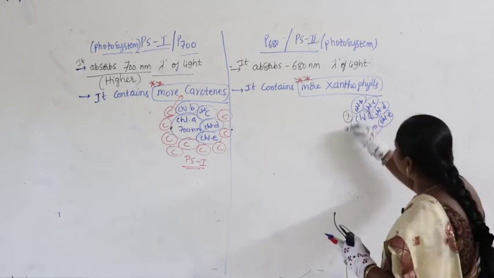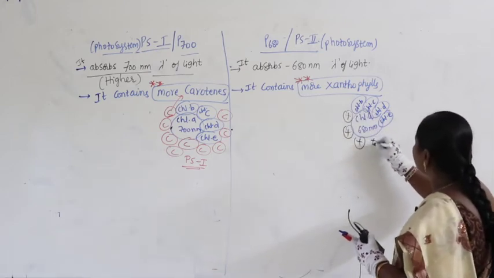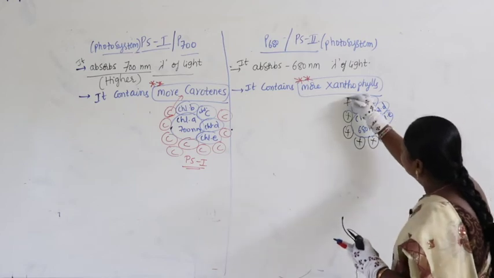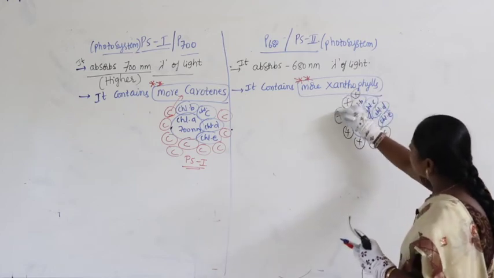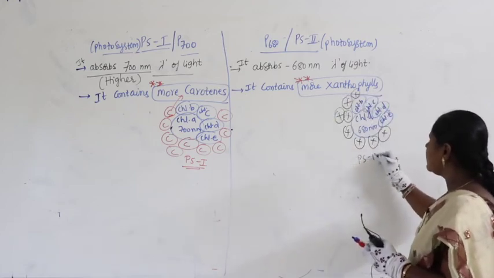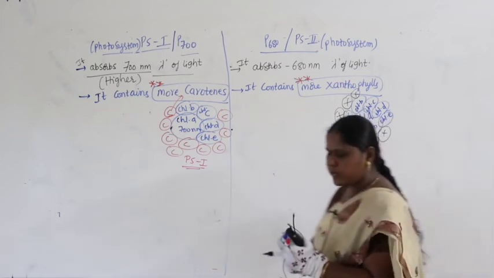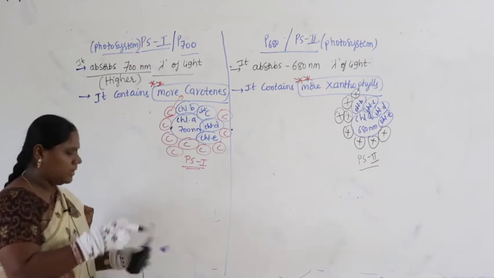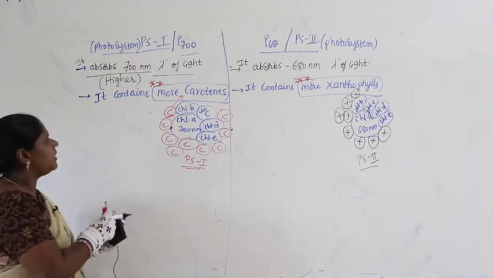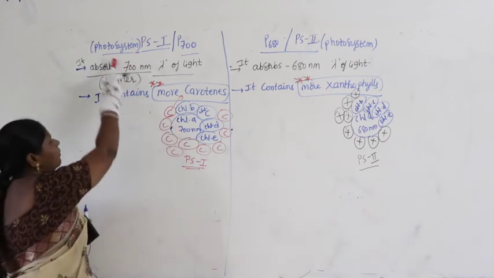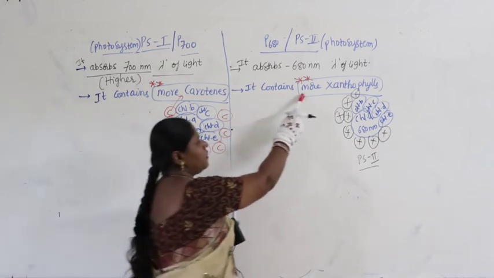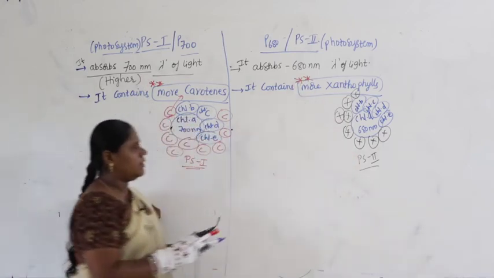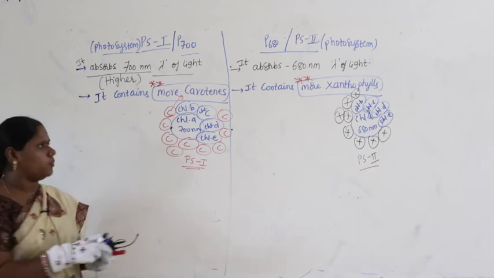If more number of xanthophylls are there, then that will be identified as PS2. So very clearly we can make out the differences. If it contains more carotenes, we identify it as photosystem 1. If it contains more xanthophylls, we identify it as photosystem 2, right.